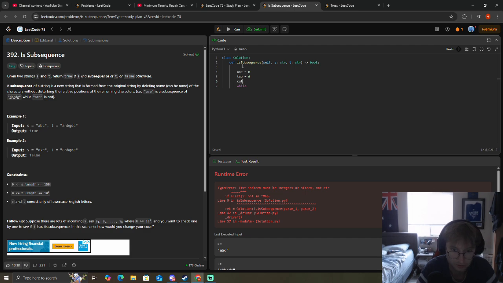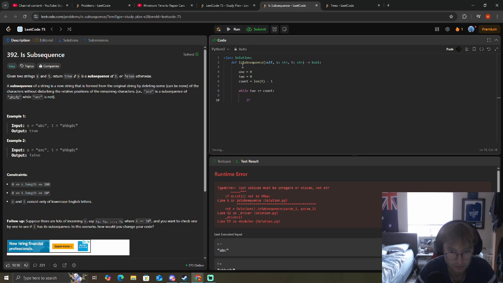We need a cutoff. Oh, let's do, well, count is equal to the length of t minus 1. Okay, let's do while 2 is less than or equal to the count.